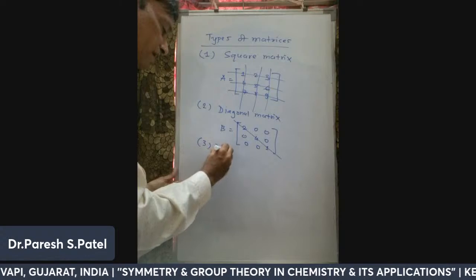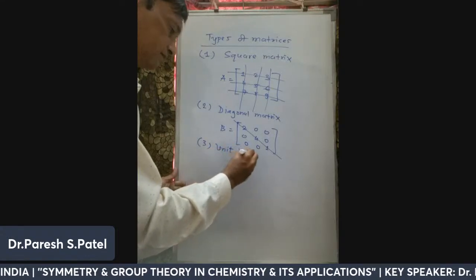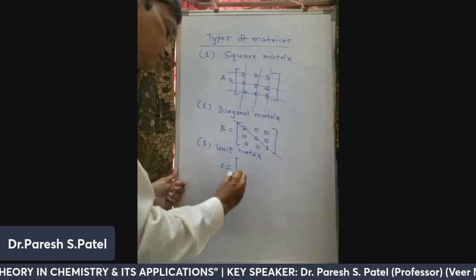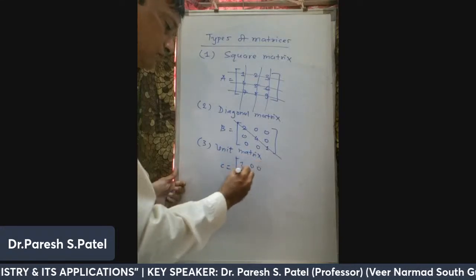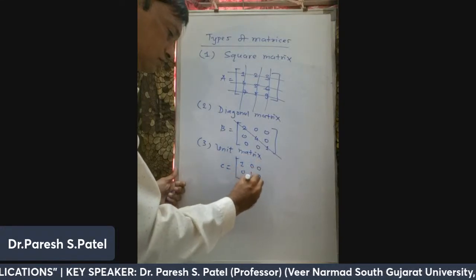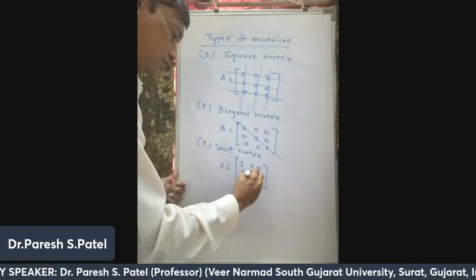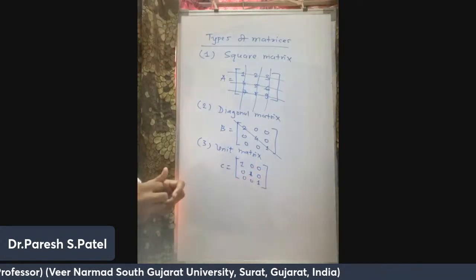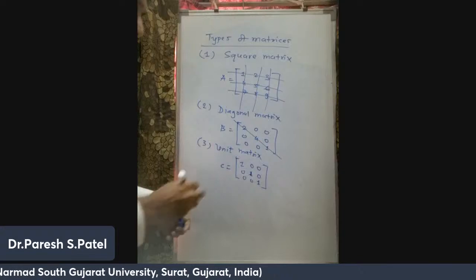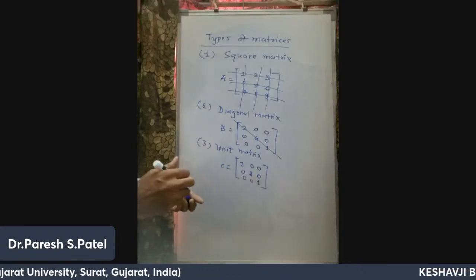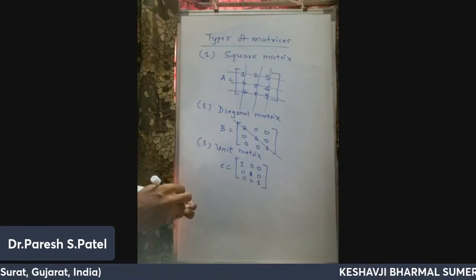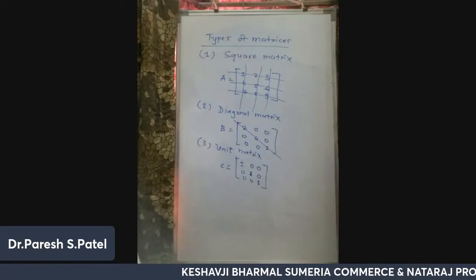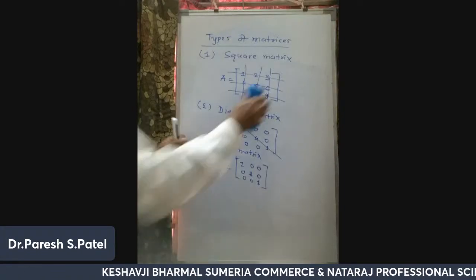Third one is unit matrix. In unit matrix, the value of diagonal position of these elements are 1 and remainings are 0. So this type of the matrix can be represented as a unit matrix.